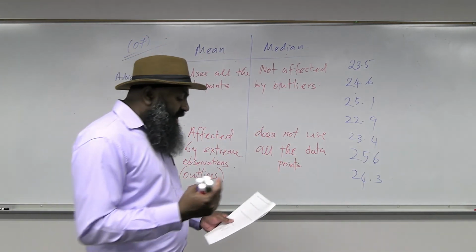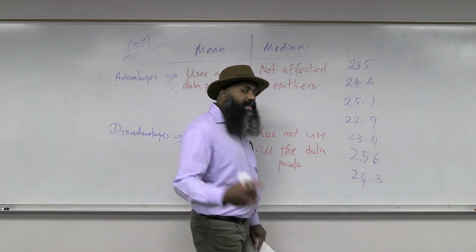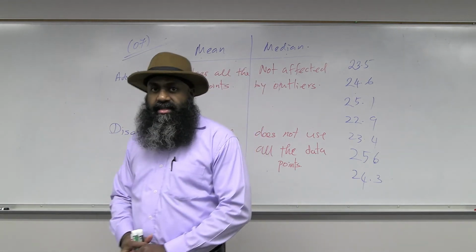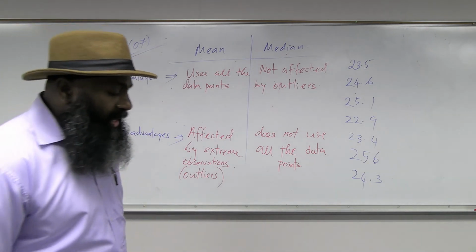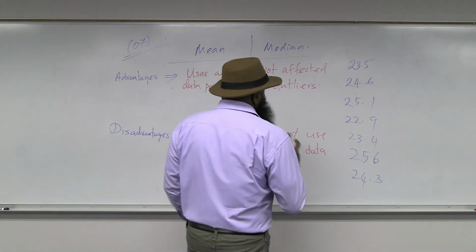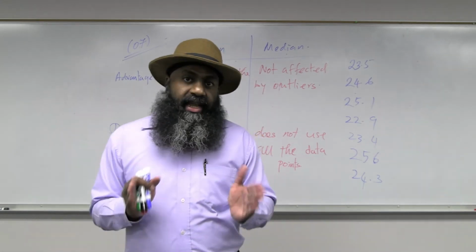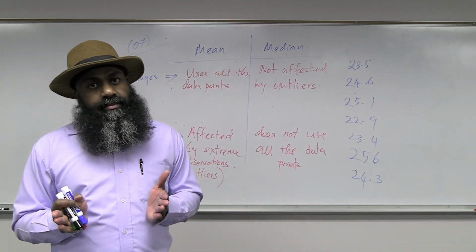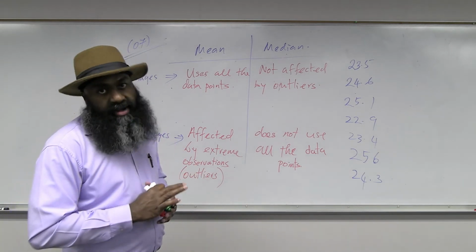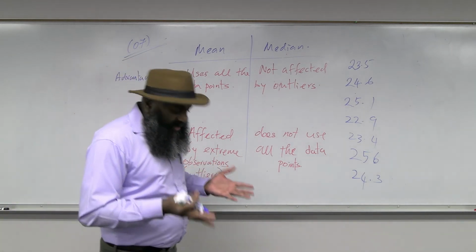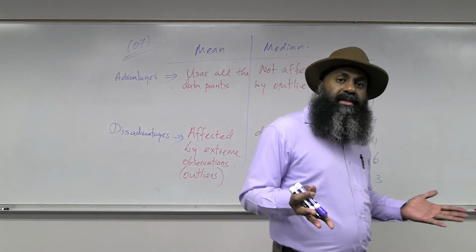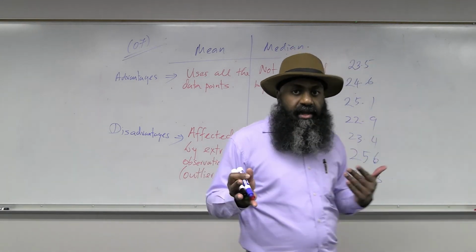All right, and then variance and standard deviation. Variance and standard deviation have advantages rather than disadvantages. They both use all the data points in the data set to calculate. And that's a very strong advantage. The disadvantage, once again, is that they are both affected by the extreme outliers.